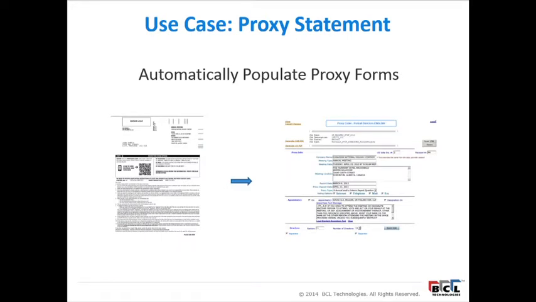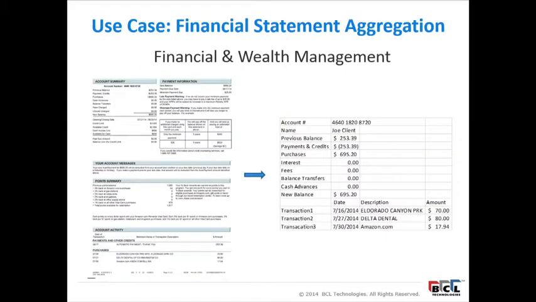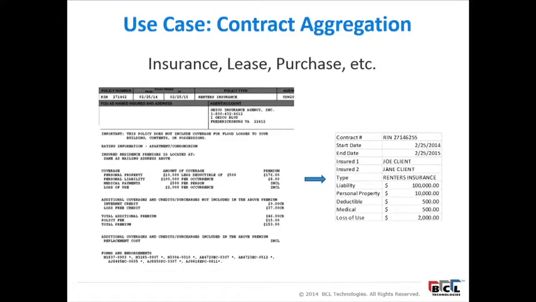We have been approached to look at something which takes out data from proxy forms and put them in proxy data. Financial wealth management is another area we have seen application where we're taking information out of reports and putting them in spreadsheets. The interesting thing about this is people really don't want to enter their login information online, so this is a way of transferring the data in quickly. And then, insurance contracts, purchase contracts, etc.